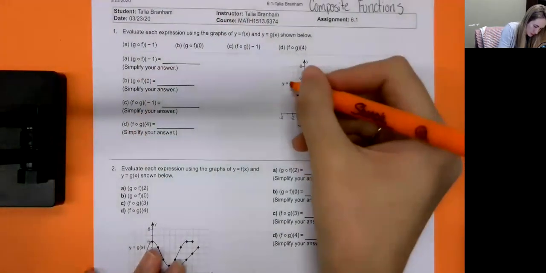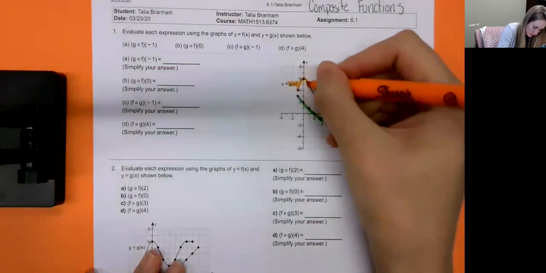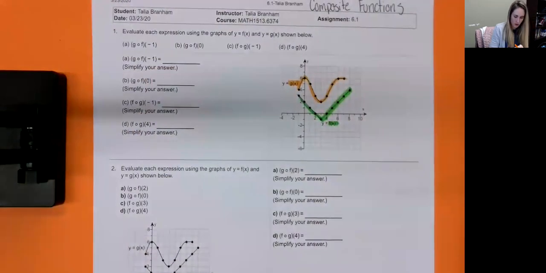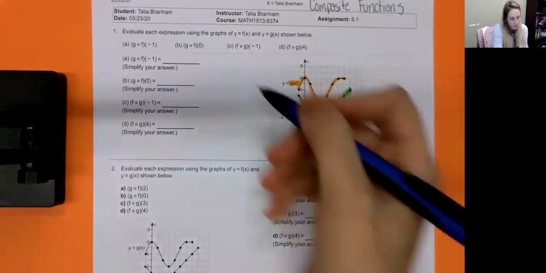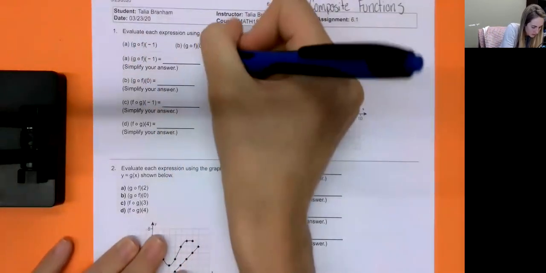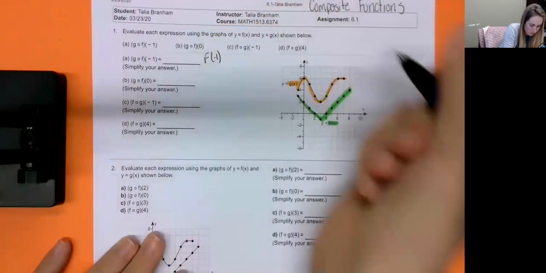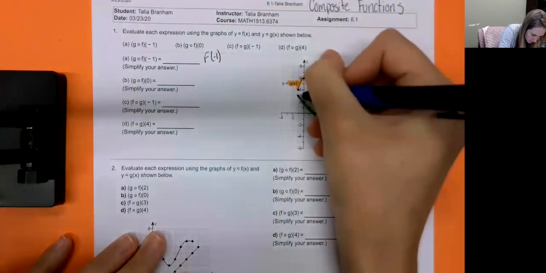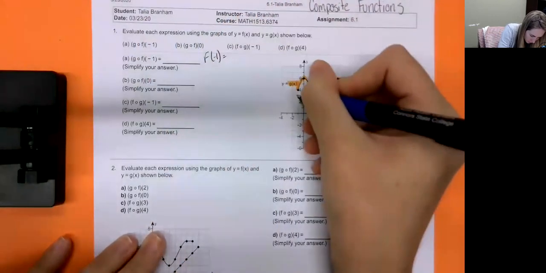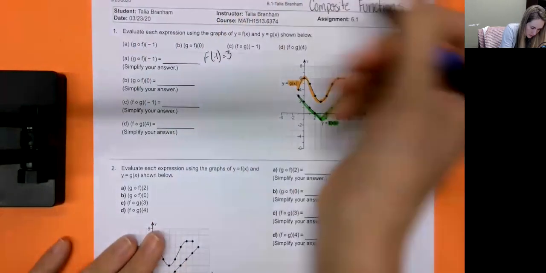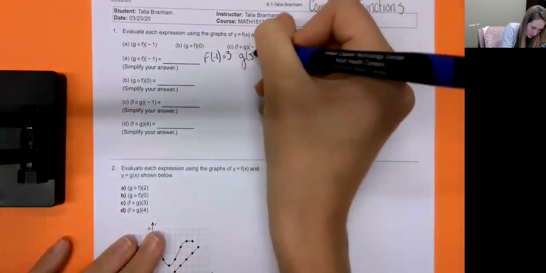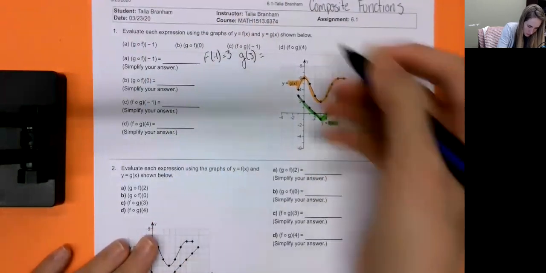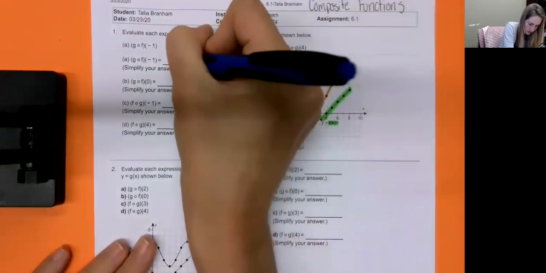And this one is g of x, so this is function g. The first thing we do is find f of -1. So f of -1 equals 3. Then we find g of 3. When we have 3 in for g, we'd have 2. So our answer would be 2.